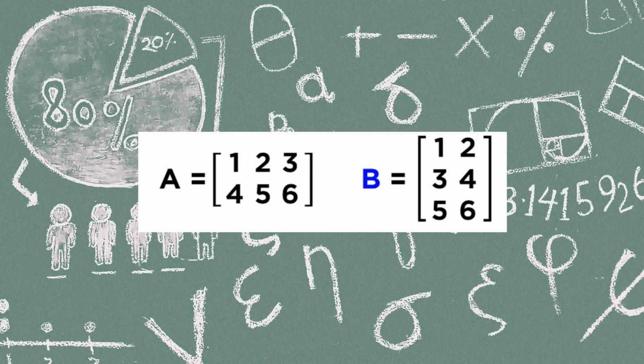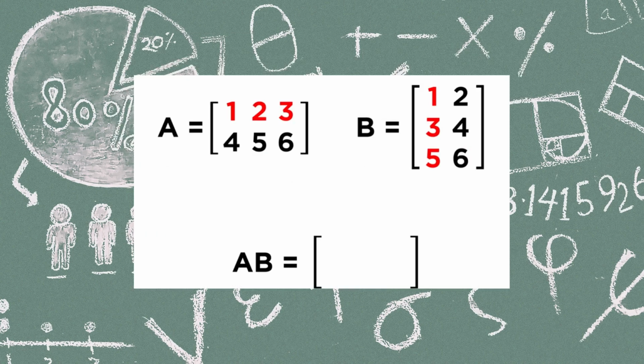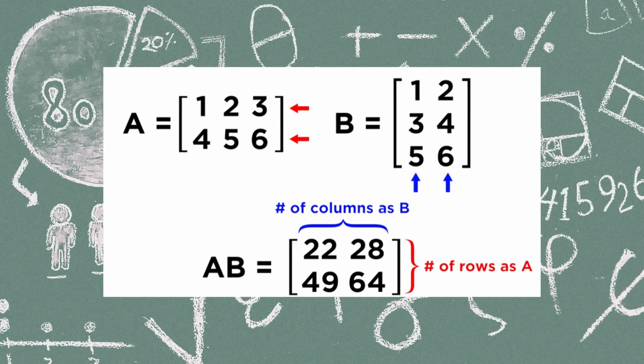After we do the multiplication, the product of A and B will be 22, 28, 49, 64.